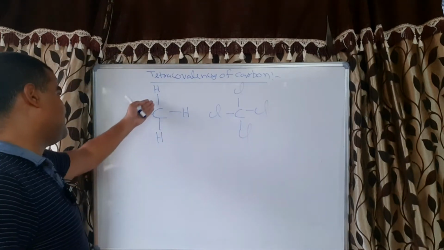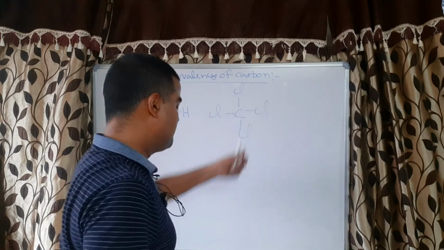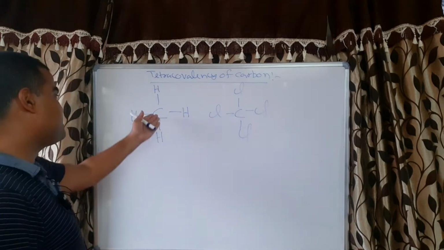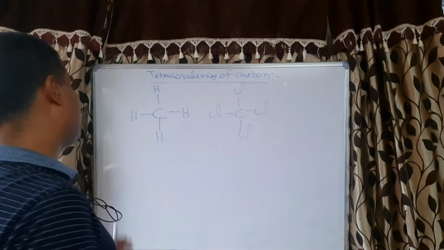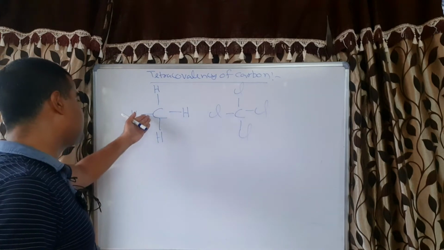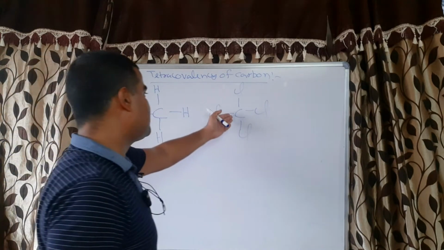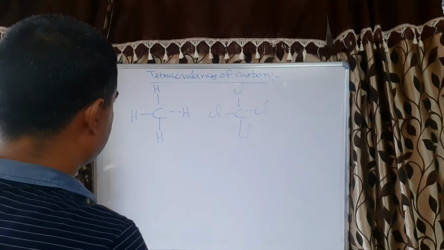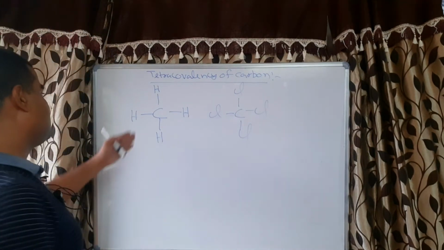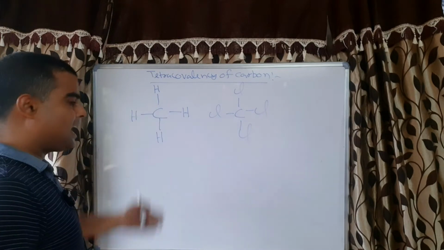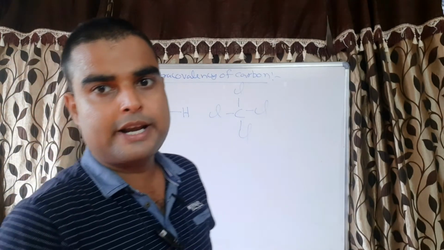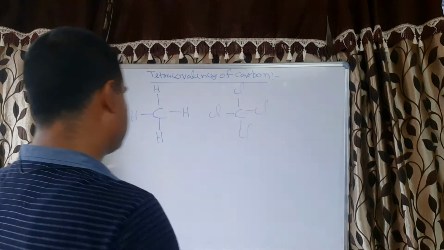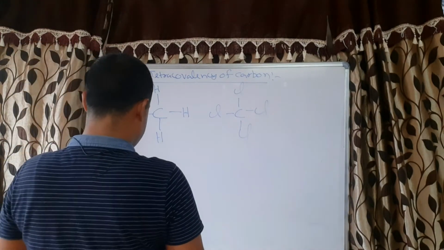Carbon has 4 valencies, fine, but it is not clear from this structure what the spatial orientation of these 4 bonds is. Spatial orientation means whether these 4 bonds are in one plane or in different planes.